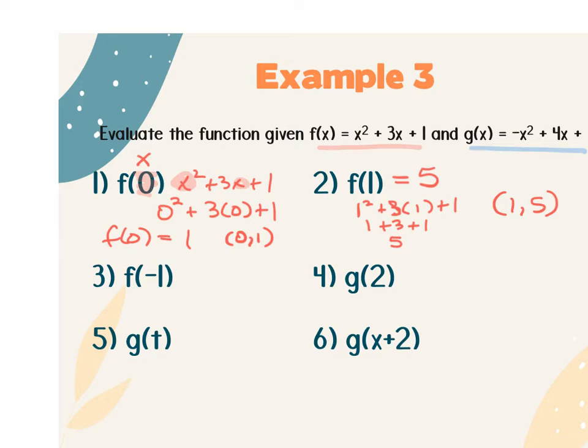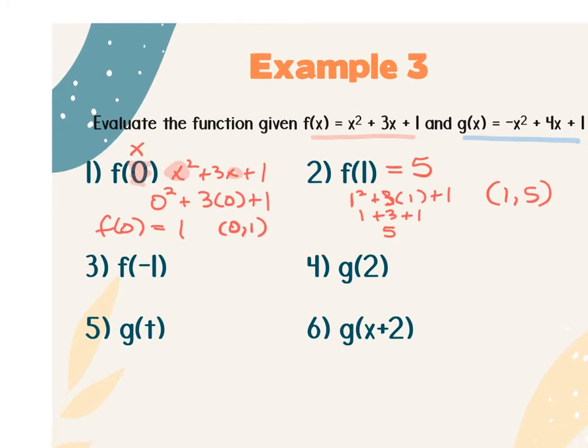Let's try the next one. Again, I'm still using the f of x function. So I'm still using the x squared plus 3x plus 1. But this time I plug in -1. Now be careful when your x value is a negative. So really what I'm doing here is -1 squared plus 3 times -1 plus 1. -1 squared becomes +1.